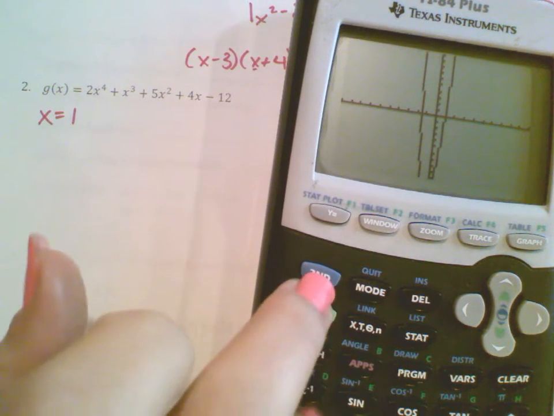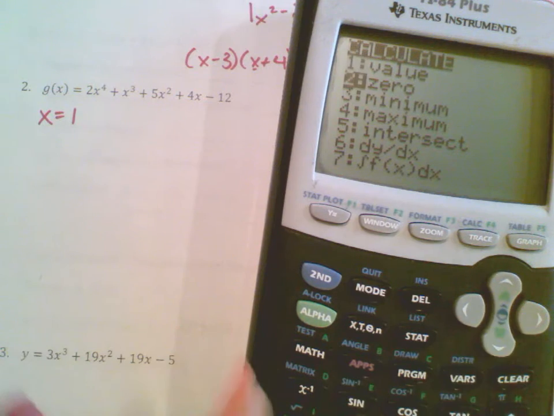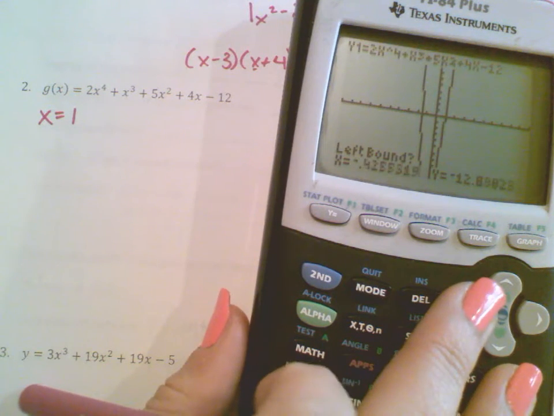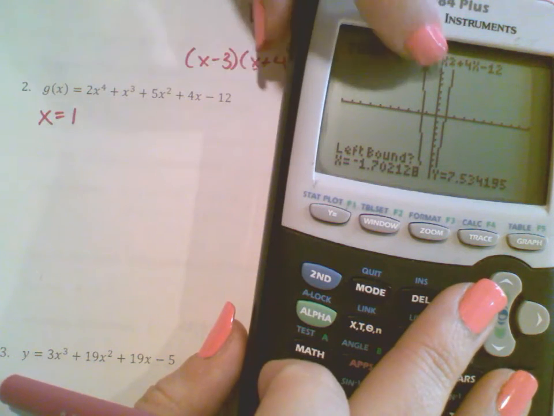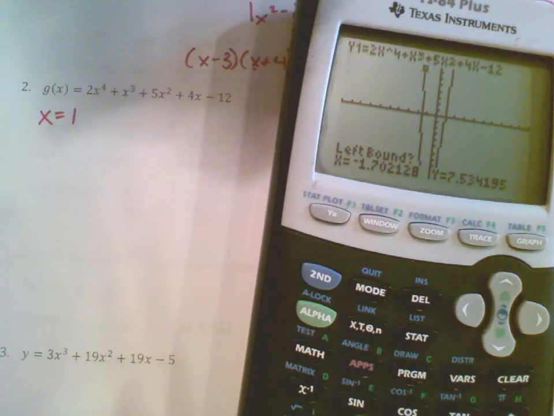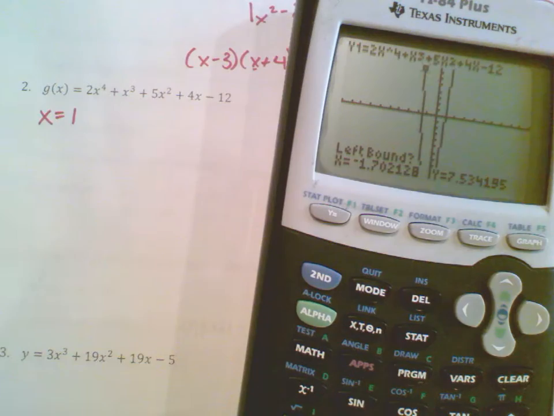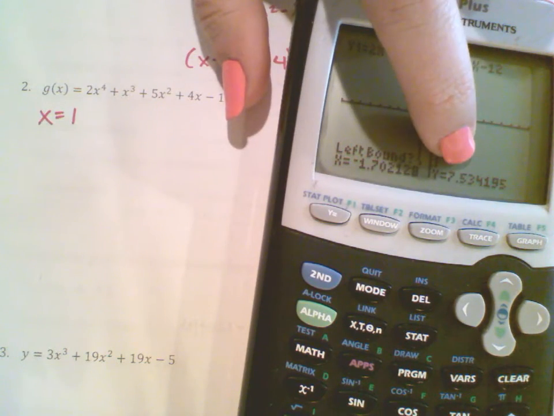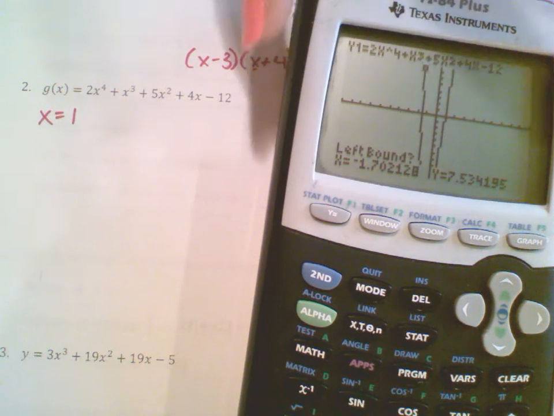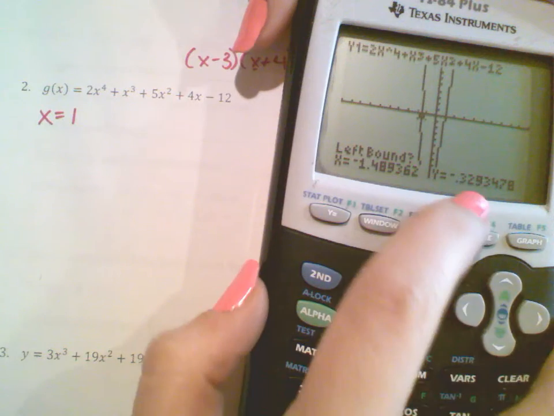So I'll press second trace, go to 0. It asks me for the left bound, so I'm going to scroll till I see my cursor. My cursor is blinking here. Again, a good way to check that you are doing this correctly is if you start with a positive y as your left bound, then when you go to the right, your y should be negative.